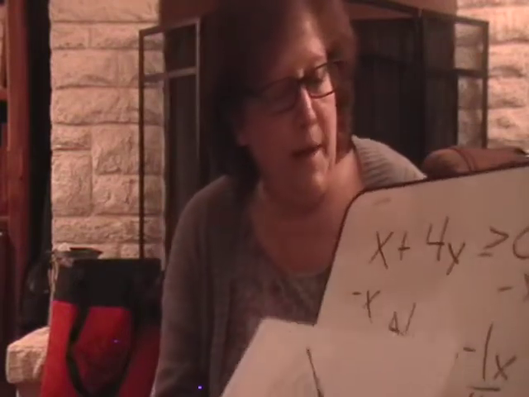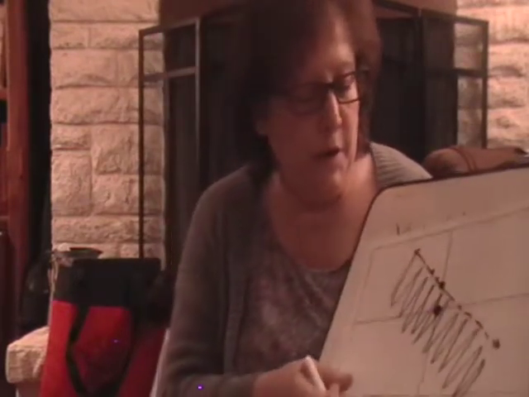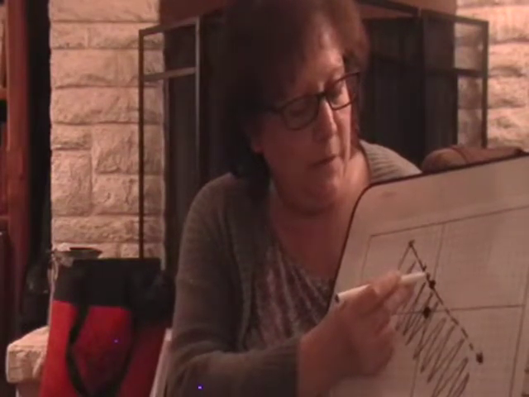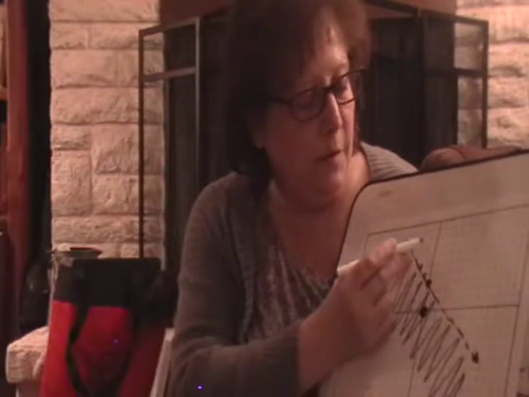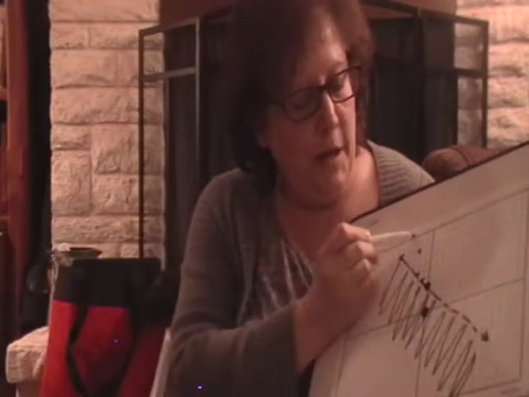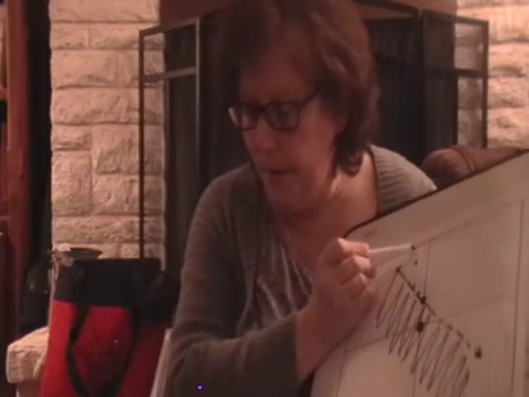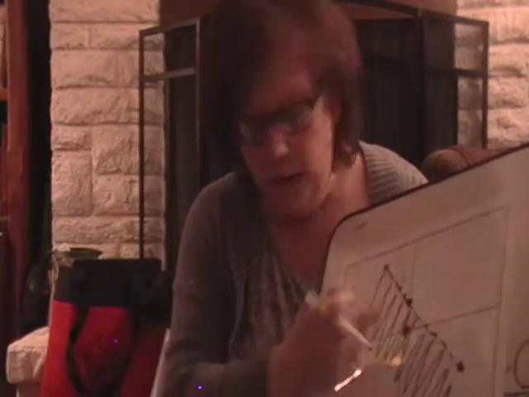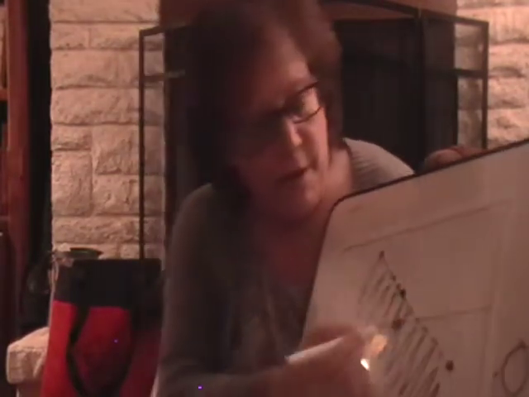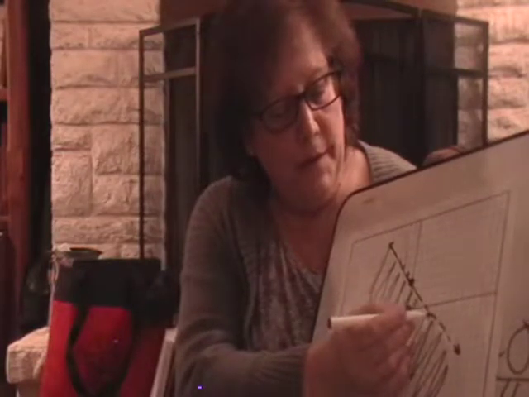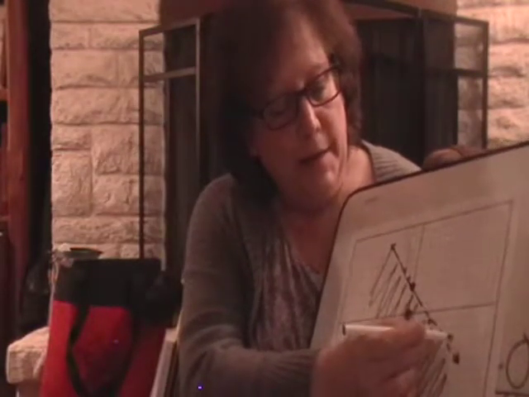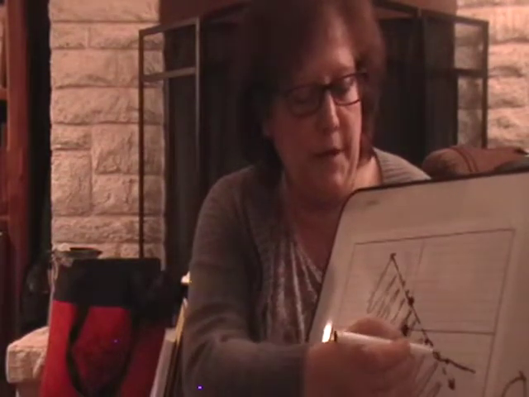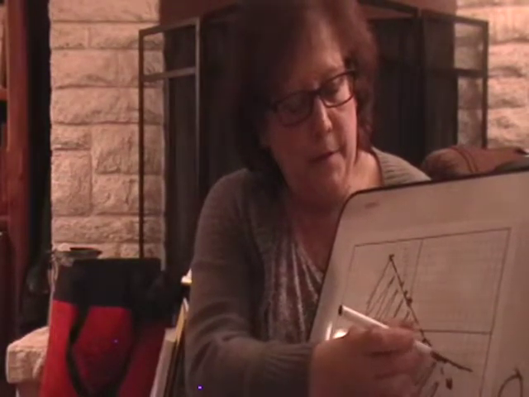Then we have a negative 1/4 slope. Whoops, I did that wrong. They're doing the over 4 first. I'm sorry: over 1, 2, 3, 4, and down 1. Over 1, 2, 3, 4, and down 1. That's actually going to help us find the point of intersection a little bit better.